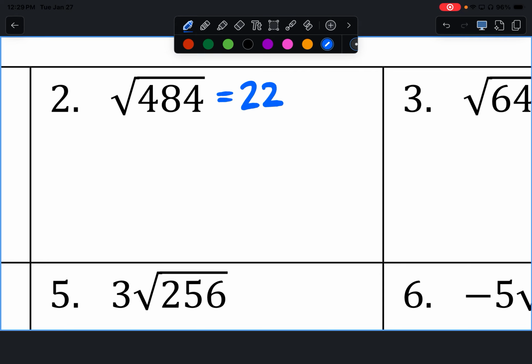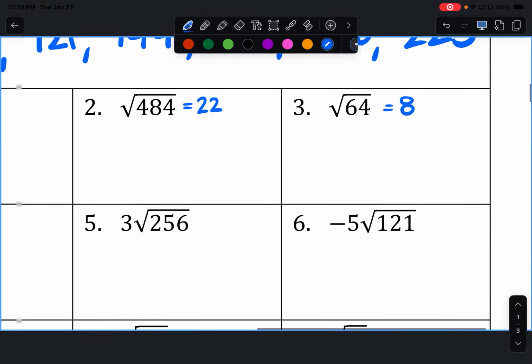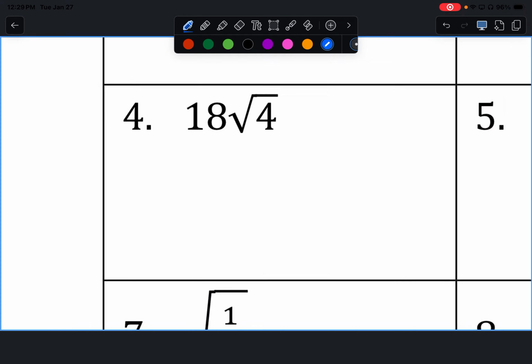Okay, for number 3, what is the square root of 64? Now, for questions 4, 5, and 6, they all have a number that's being multiplied to the front of our square root. So it has 18 times the square root of 4. So it's 18 times, what is the square root of 4? What is 18 times 2?